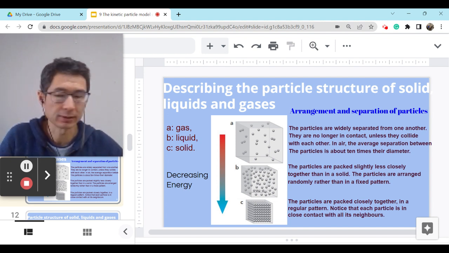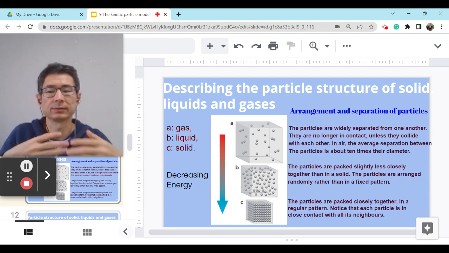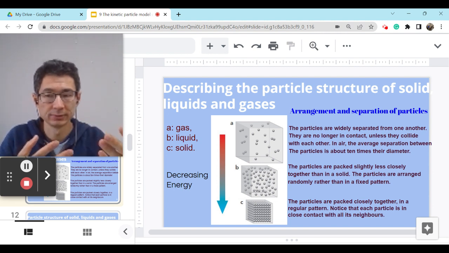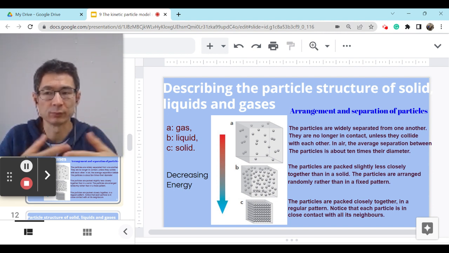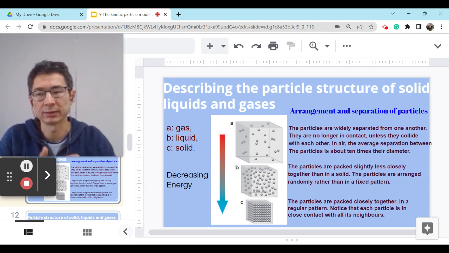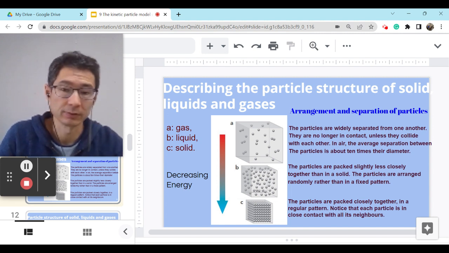And vice versa, I can increase the energy and then melt the solid into liquid, and liquid can vaporize into gas, and there is the other way around again, the condensation and freezing.